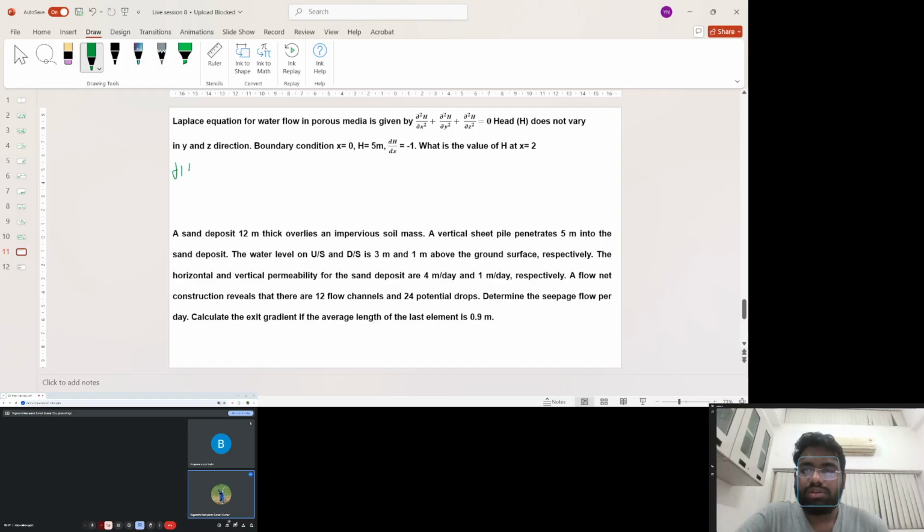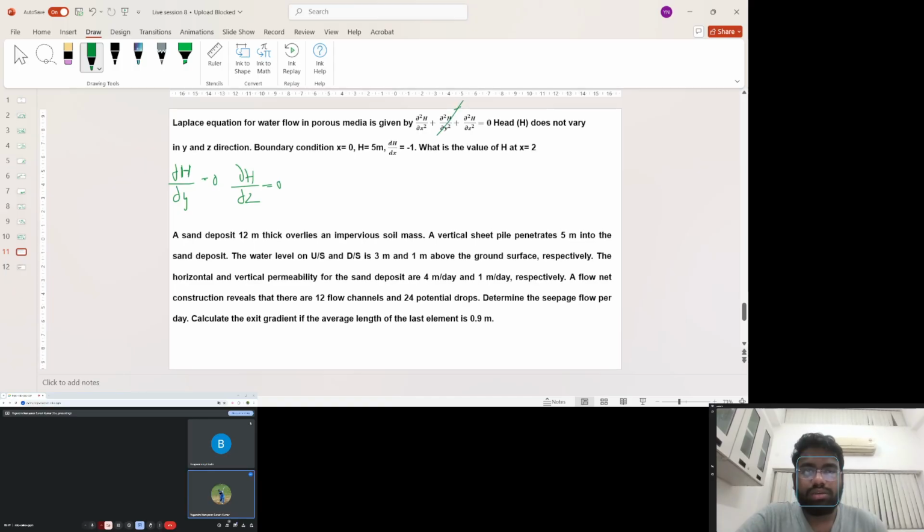So that means ∂h/∂y is 0 and ∂h/∂z is 0, and hence this will be 0 and this will be 0. So we have only the equation ∂²h/∂x² = 0.